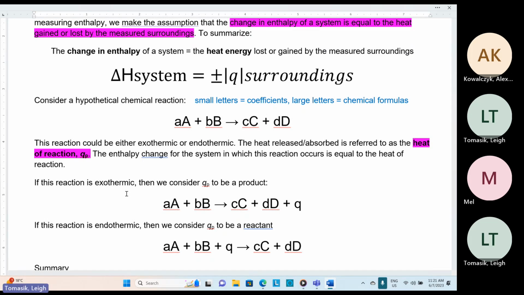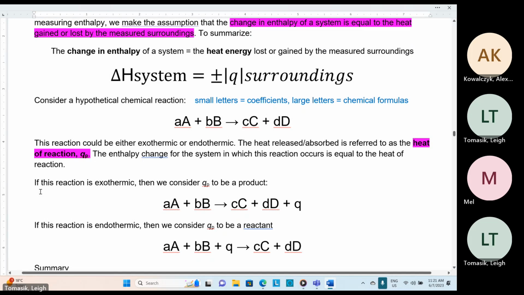The enthalpy change for the system in which this reaction occurs is equal to the heat of reaction. So enthalpy equals heat, right? That's going back to this equation again. Enthalpy is equal to heat, okay?